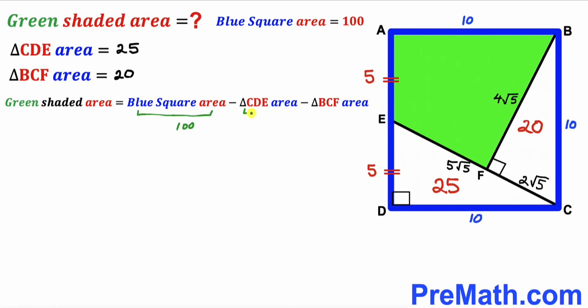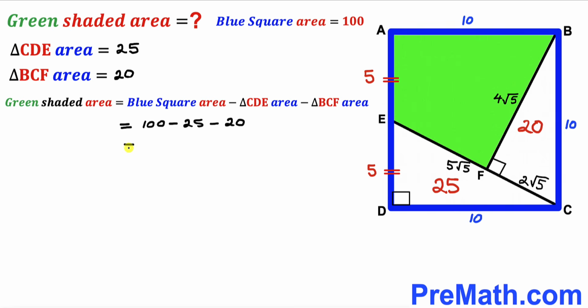Our triangle CDE area is 25 and the triangle BCF area is 20. Let's go ahead and fill in the blanks. So blue square area is 100 minus the triangle CDE area is 25 minus the triangle BCF area is 20.